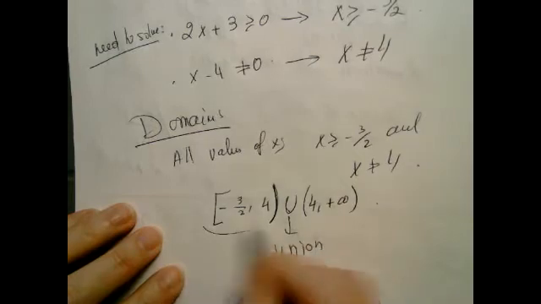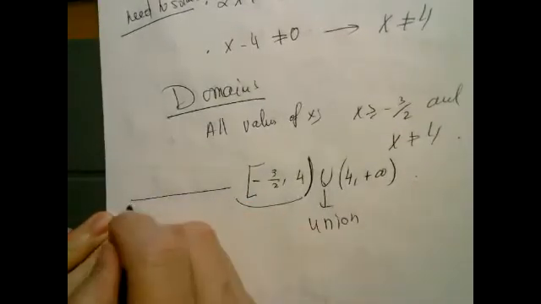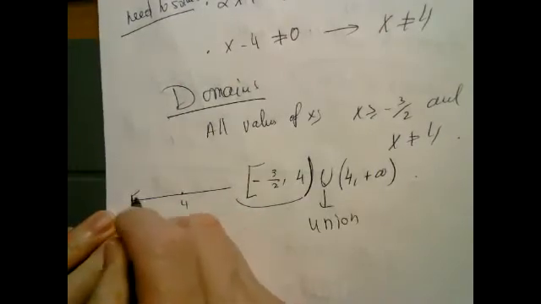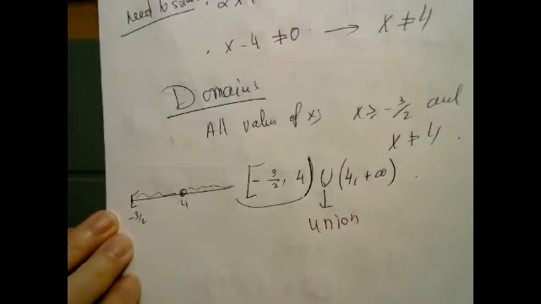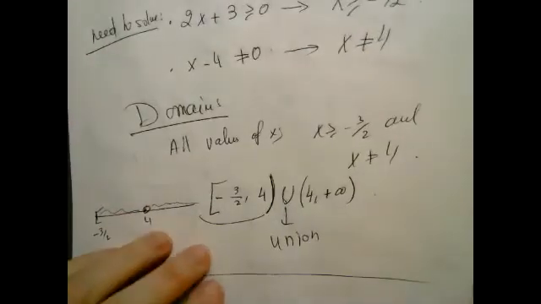Basically in my mind, this is minus 3/2, so from minus 3/2 to 4, 4 not included, and then 4 to infinity. And this piece we're actually removing from the domain. Okay, so this will take care of the quiz. I will put the solution up, and I urge those who didn't do well to go over it. That's the only way we will be moving forward in this course.